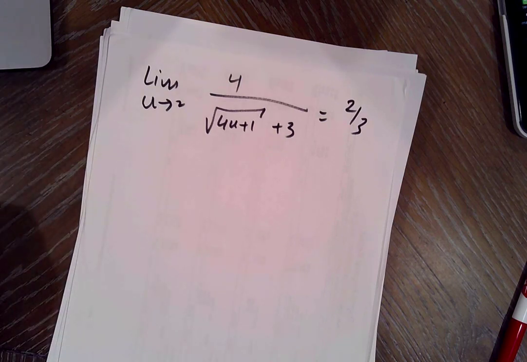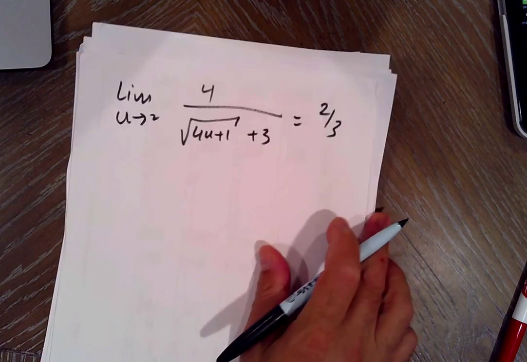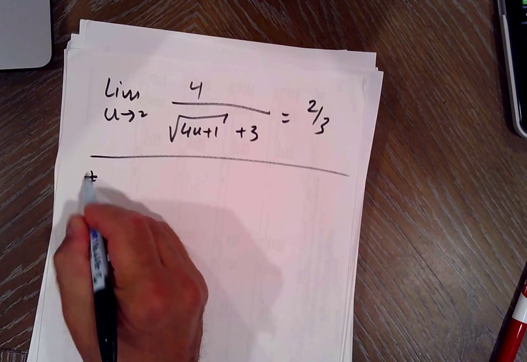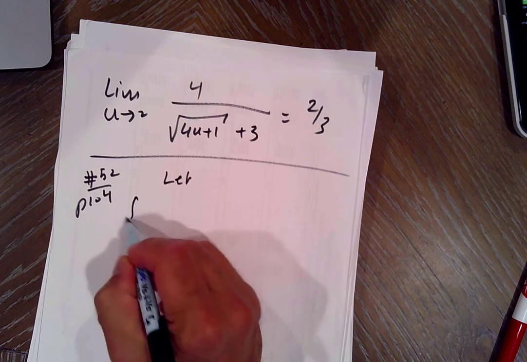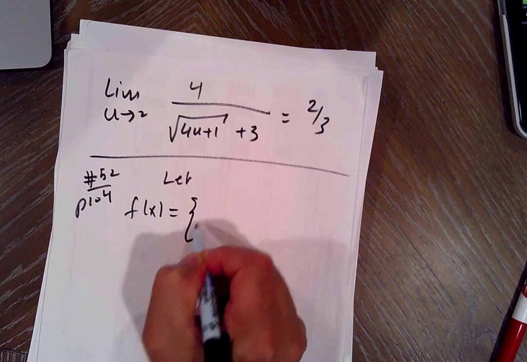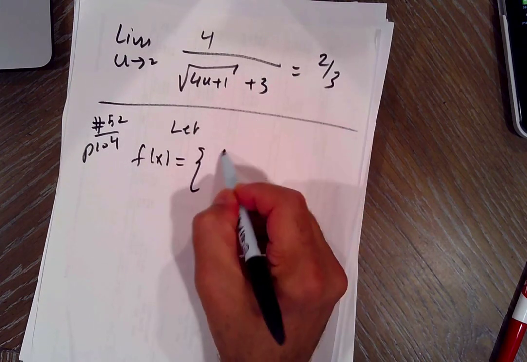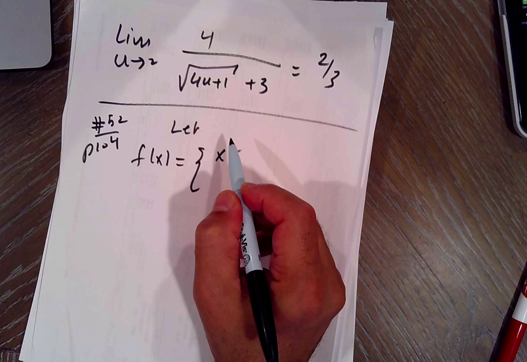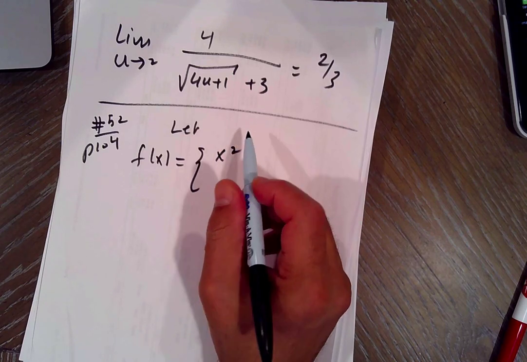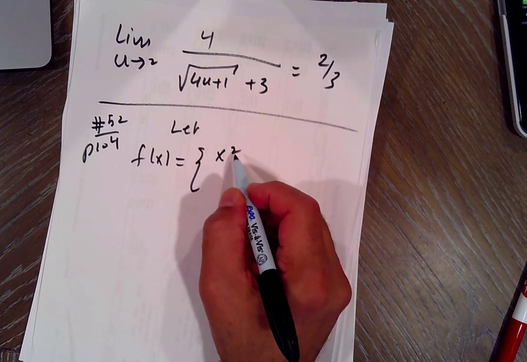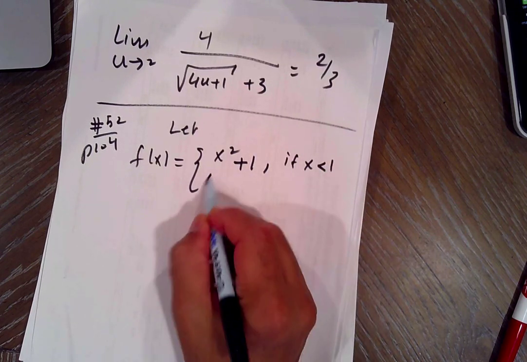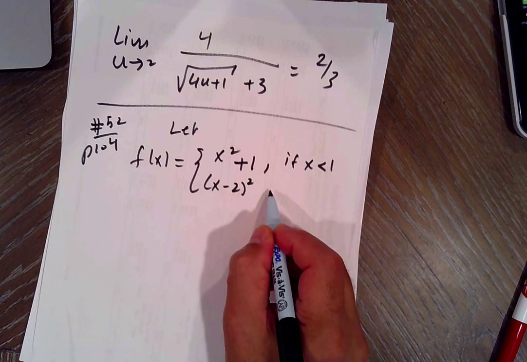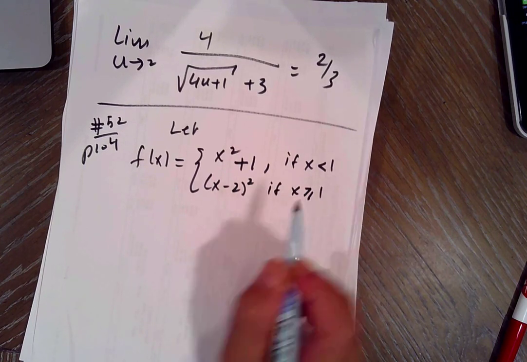Let's look at 52 from page 104. So if you let f of x equal the piecewise defined function, f of x equals x squared plus 1 if x is less than 1, and it's x minus 2 squared if x is greater than or equal to 1.